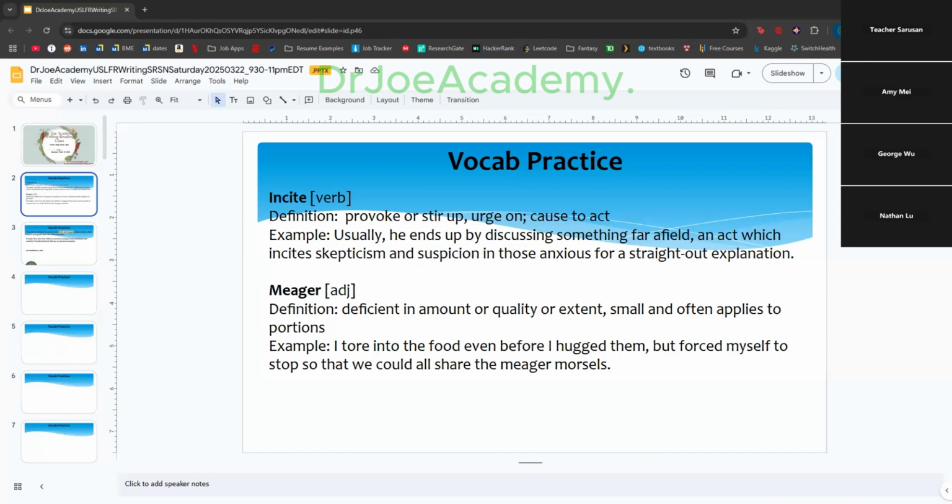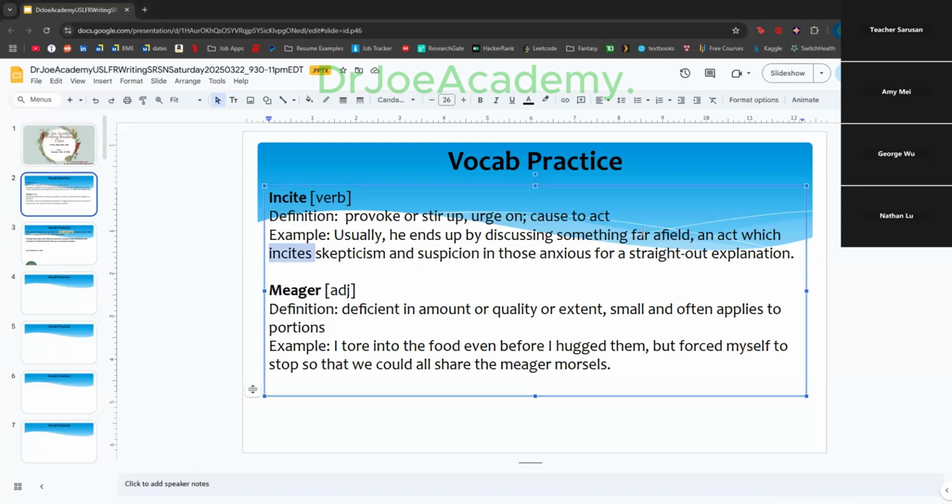So to incite means to provoke, to stir up, to urge, basically just to be the cause of some sort of action. So in this example here, usually he ends up by discussing something far afield, an act which incites skepticism. So whatever this action is, it is starting, it is provoking, it is urging the feeling of skepticism.